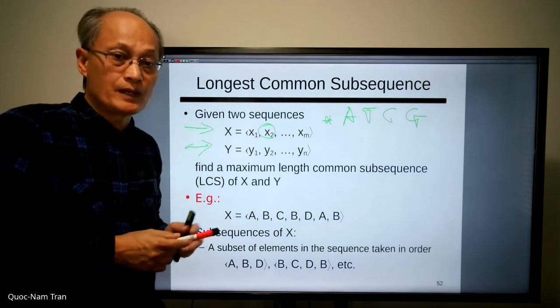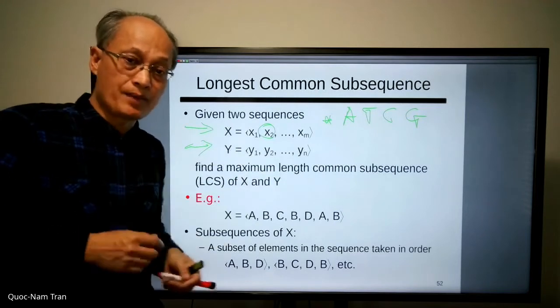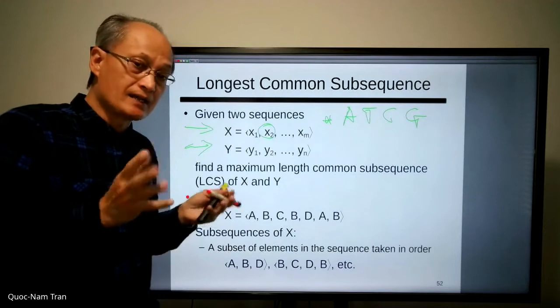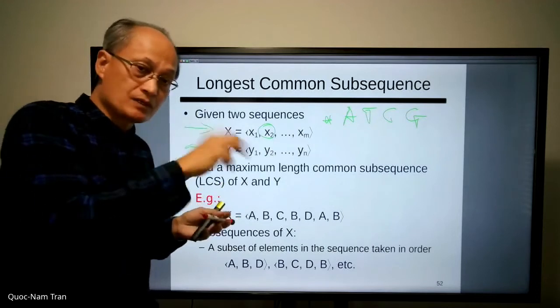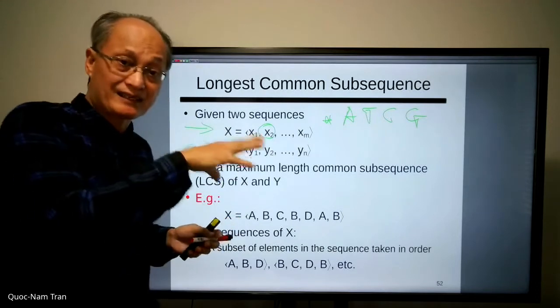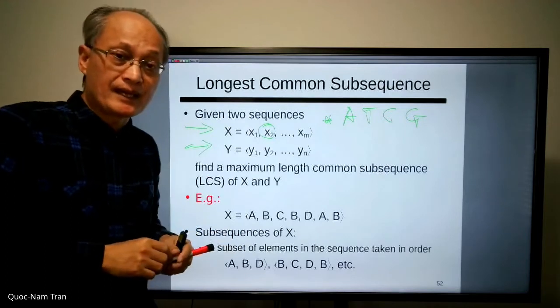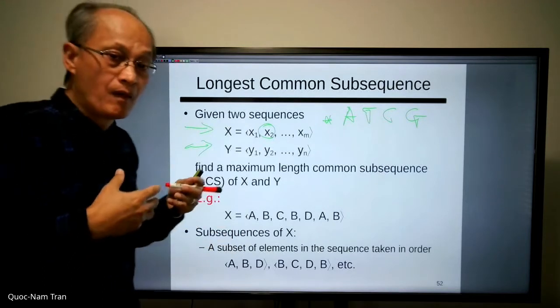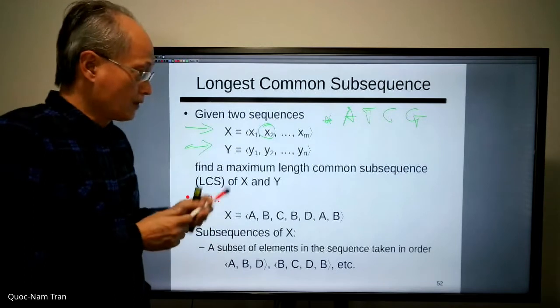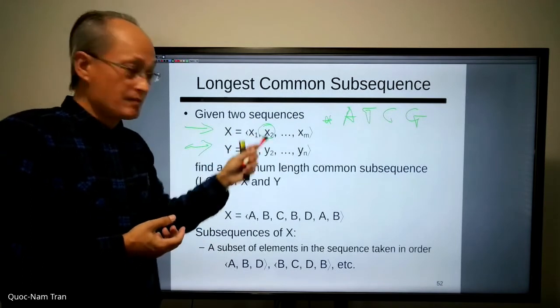Once we can identify the common parts, then we can design a vaccine that can attack that common part, and it will be more helpful for the vaccine to attack both of them.